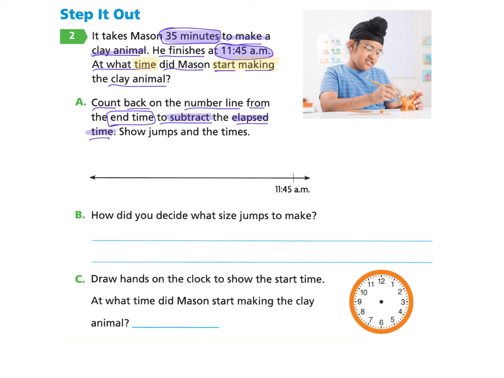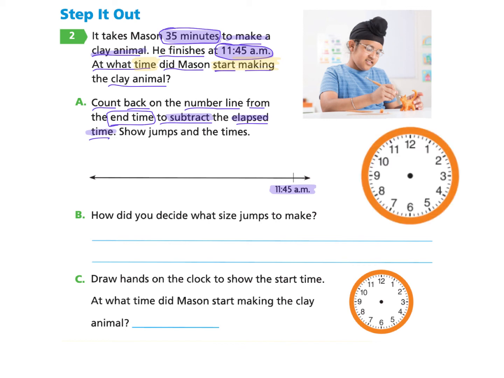So we are going to start with the end time here, which is 11:45 a.m. And looking at the clock, I know that here is 45 minutes, and if I go back to the half hour, which would be here, that would be subtracting 5, 10, 15, and that will allow me to be on the half hour.